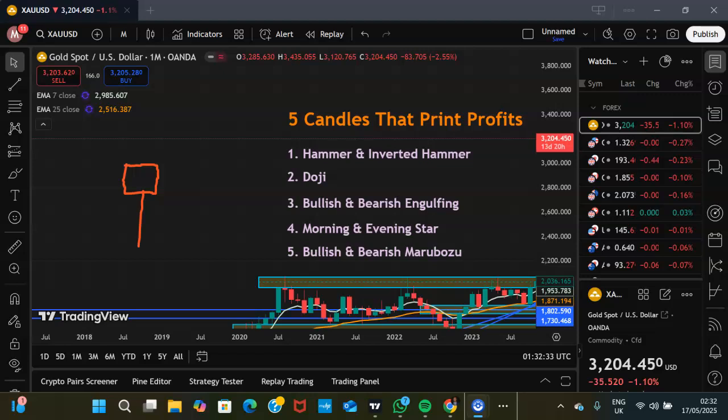Now, of course, for every candlestick pattern, we have the open of price, we have the close of price, we have the high, that's the highest point price got to during that time frame, and then we have the low. So on the hammer candle, this is for the bullish version, price literally came all the way down to this area, and only for it to close where the body is.